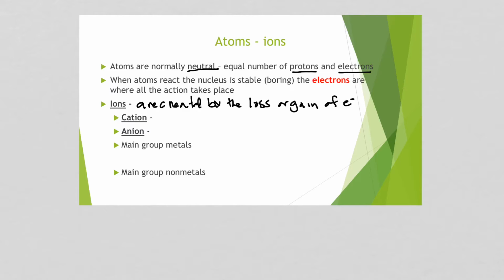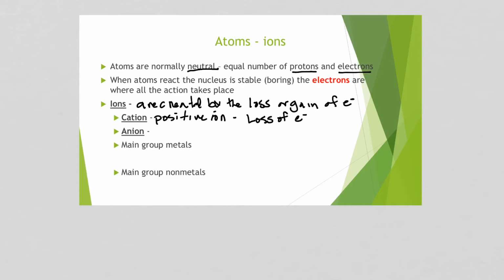And so an ion essentially is a charged atom, right? Now, there are two different kinds of ions, of course. There are what we call a cation. This is a positive ion. It's a positive charge, and it's created by loss of electrons.